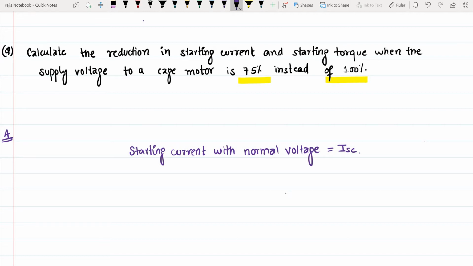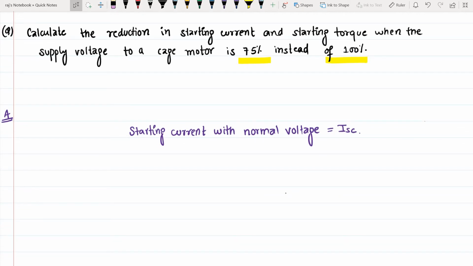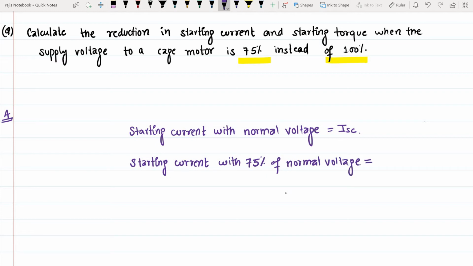Now when the supply voltage is reduced to 75%, this will be 0.75 ISC, because whenever you are reducing voltage to 75%, the current also reduces to 75%.